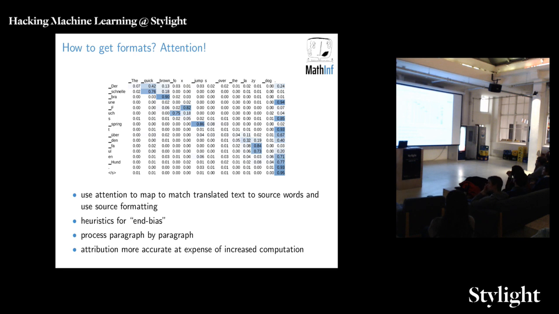There's one of the other meetups here in Munich, a really great NLP and NLU meetup, where I have promised to give a talk on attribution someday. We'll just wait for that to do it properly. But for now, we just use the attention map to map the source words.